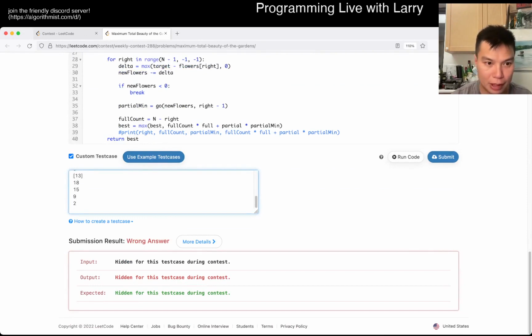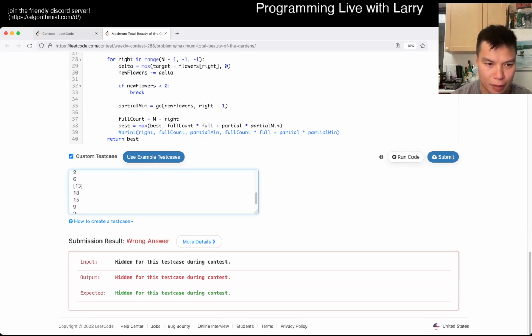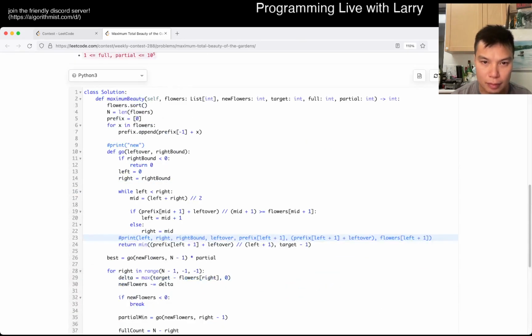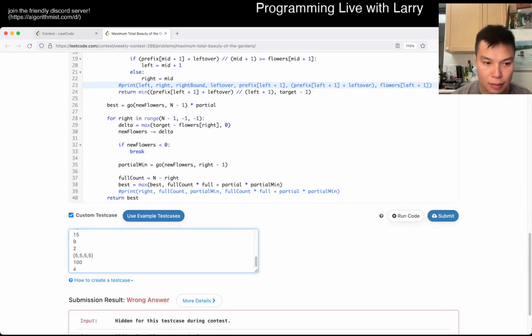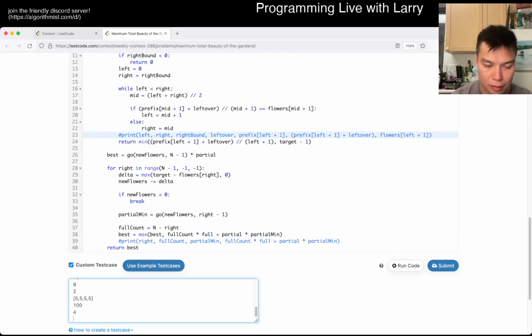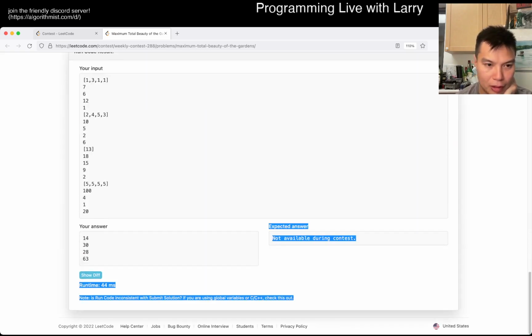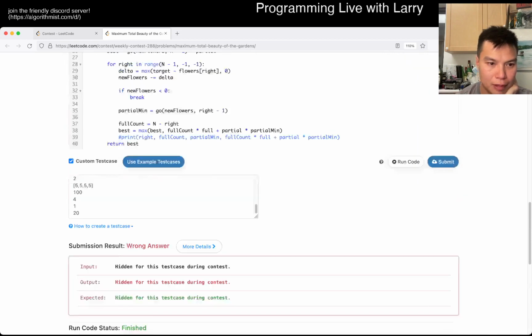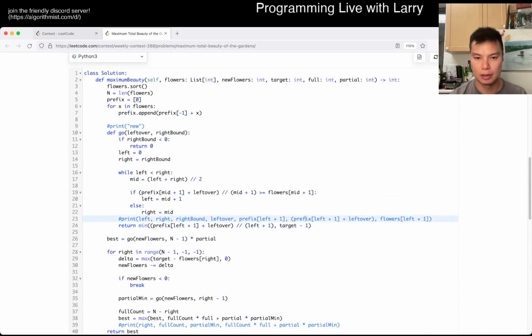There's so many parameters I have to keep track of. So this should give me 4 points, I think, unless I'm wrong. Yeah, I think I'm wrong. Because it should have no partial, so okay.